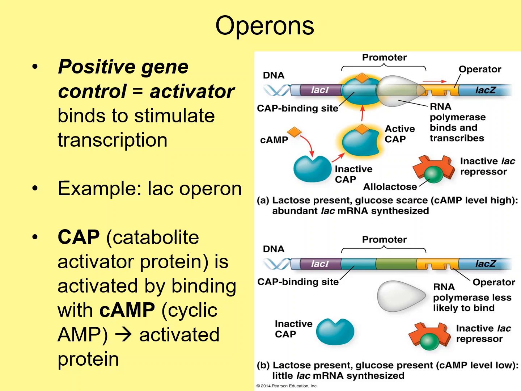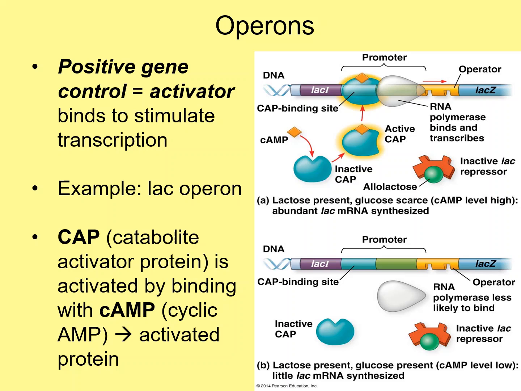But in situations where you're really low on fuel and you have a fuel source present, you want to turn up the transcription of the enzymes involved in breaking that fuel source down, because you need energy ASAP. So that's where cyclic AMP activates, in this case, the catabolite activator protein, which is the activator for the lac operon.